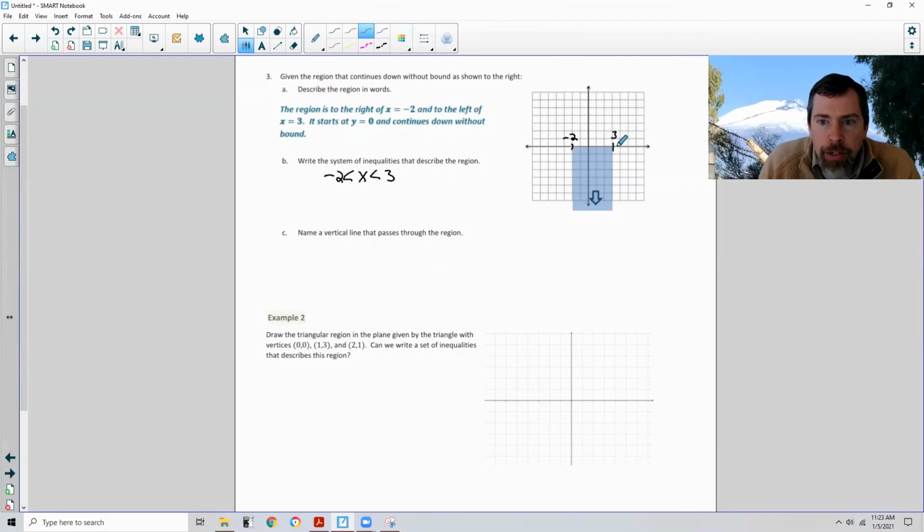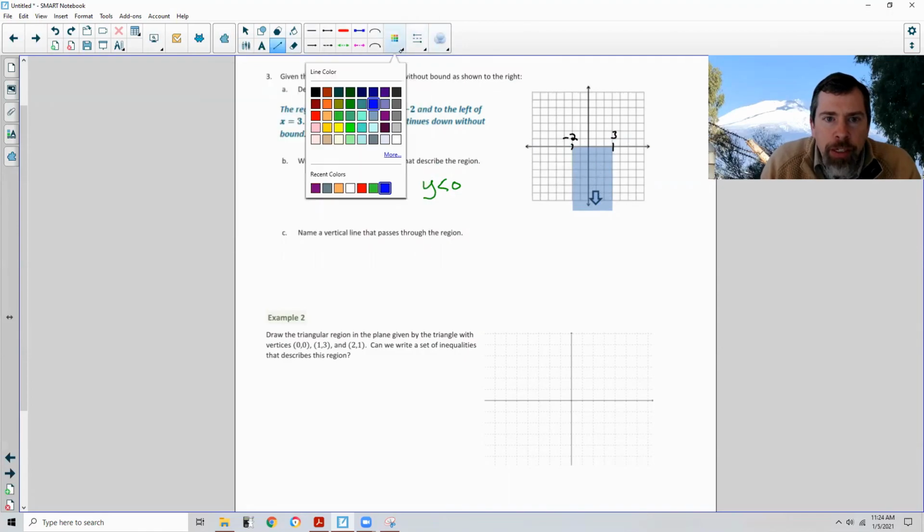As far as y goes, this y value is 0. So y is less than 0. Y is negative. So anything between -2 and 3 that is below 0 on the y, and it goes forever and ever.